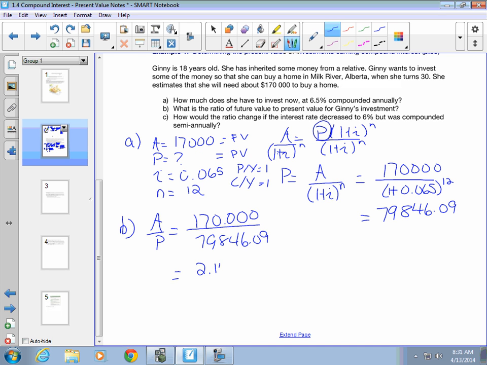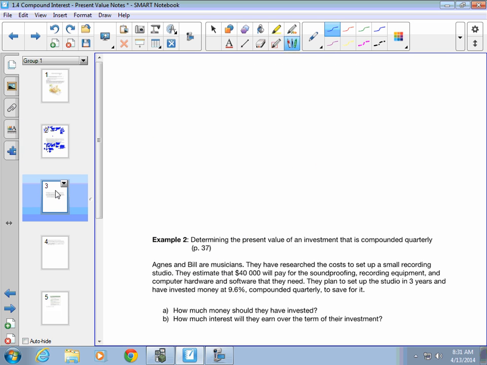It's 2.14 to 1 is your ratio. Okay, C then asks, how would the ratio change if the interest decreased to 6% but was compounded semi-annually? I'm just going to do this on the next page here.